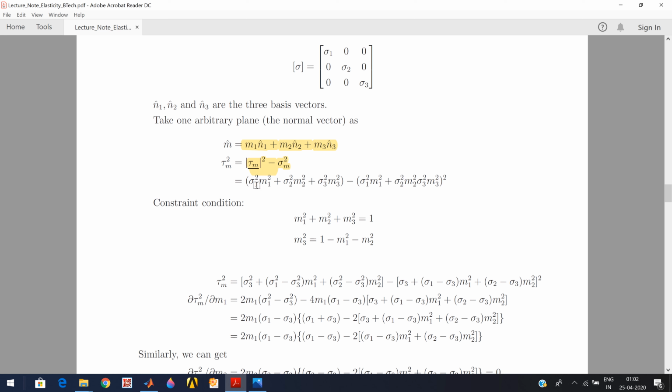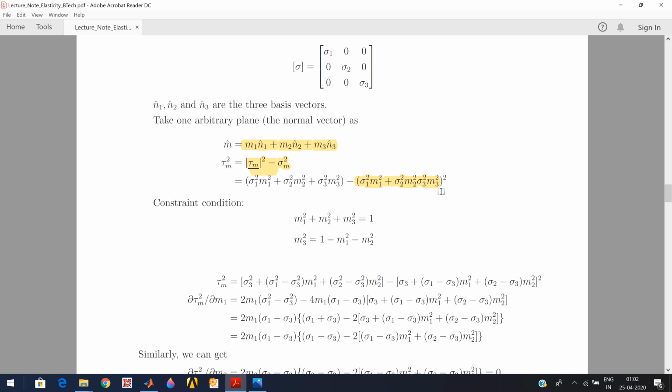We can verify. So sigma 1 square m1 square, this is the traction vector, and here there is some mistake in the sigma m square. I'm sorry that I have not checked it.